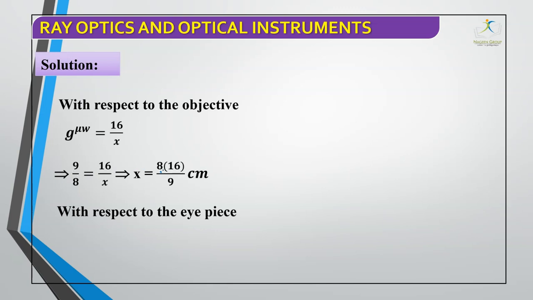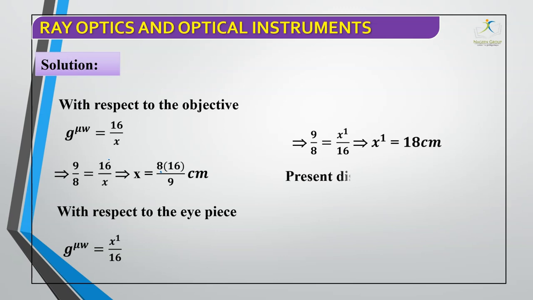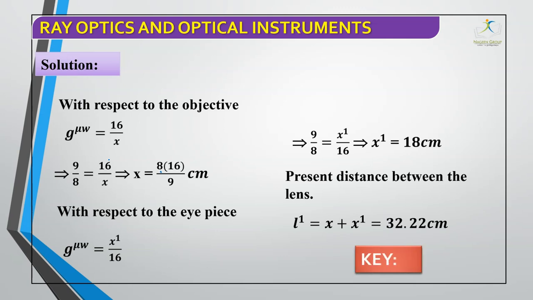From here we get the value of x, which is 8 into 16 by 9. With respect to the eyepiece, g mu w is equals to x by 16. That means 9 by 8 is equals to x by 16. The value of x comes 18 centimeter. Present distance between the lenses is L equals x plus x prime, which is 32.22 centimeter. According to that, the correct option we have is the fourth option.